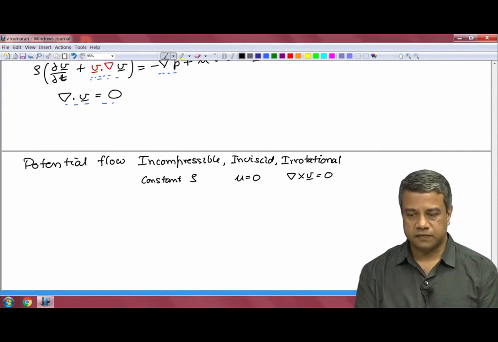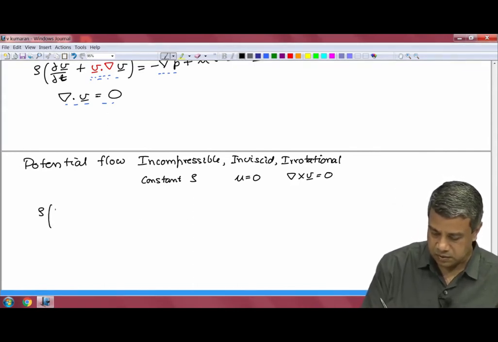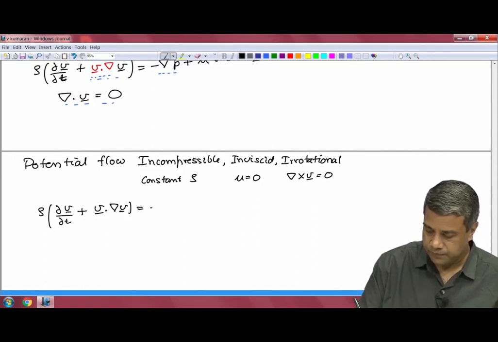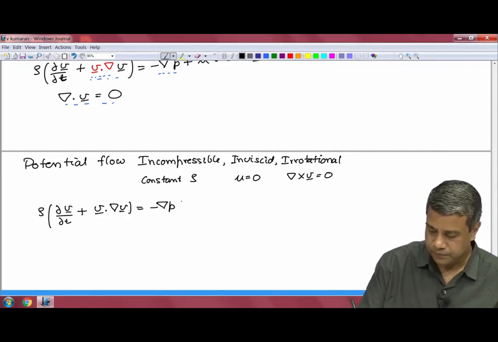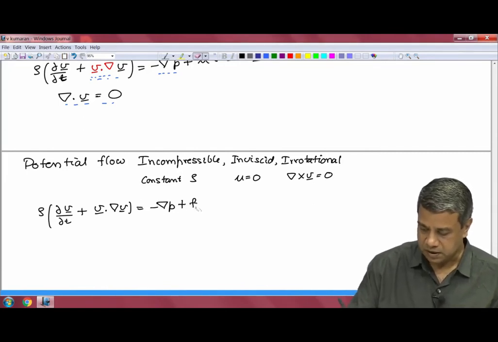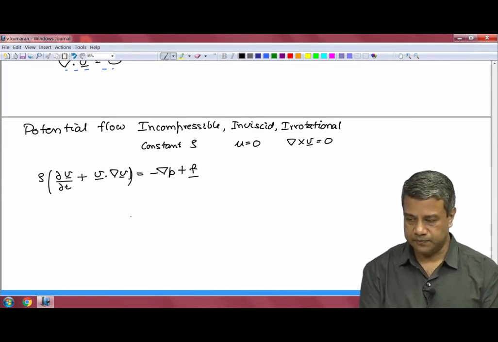In this limit, if I simplify the equation, I will get rho into partial V by partial T plus V dot grad V equal to F. I neglect the viscosity here because it is inviscid, and it is irrotational and incompressible.